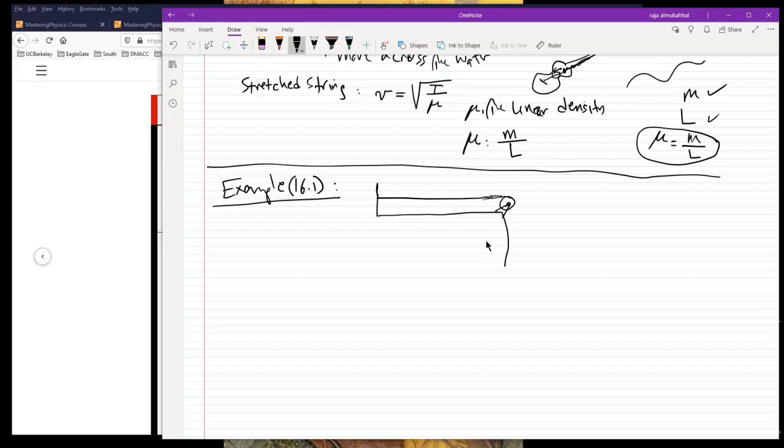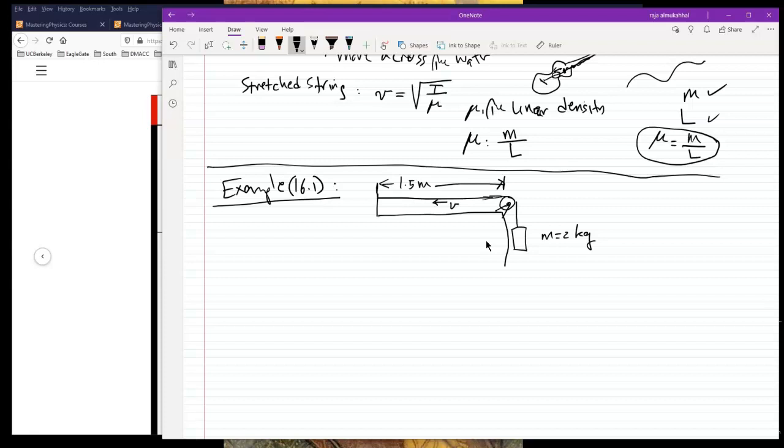Then on the other side, you get a mass, M equals 2 kilogram, okay? The length of the string here is 1.5 meters, and the velocity is going in some direction, let's say this way. I think the book will put it in that direction. It doesn't matter which direction. And I want to know the velocity.